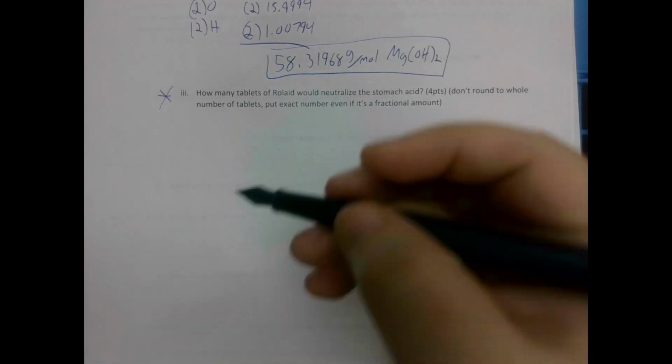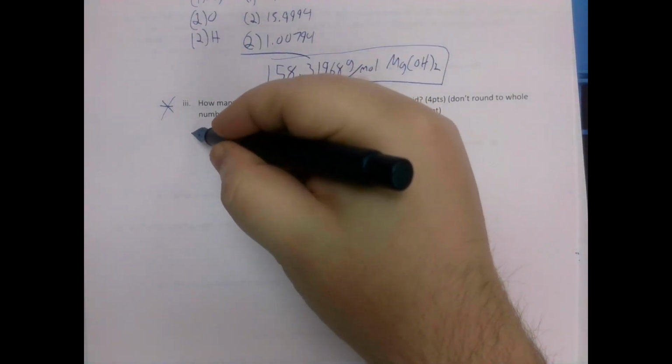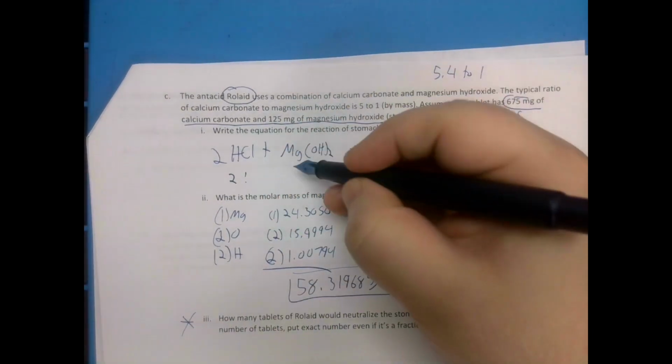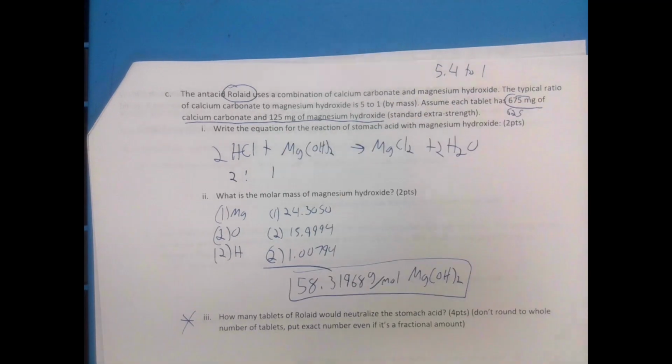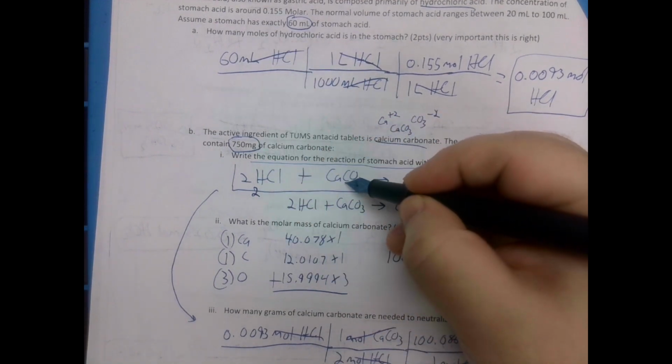But the key insight to this is that we have two molecules of HCl reacting with one molecule of this. In addition, we have two molecules of this reacting with one molecule of this.